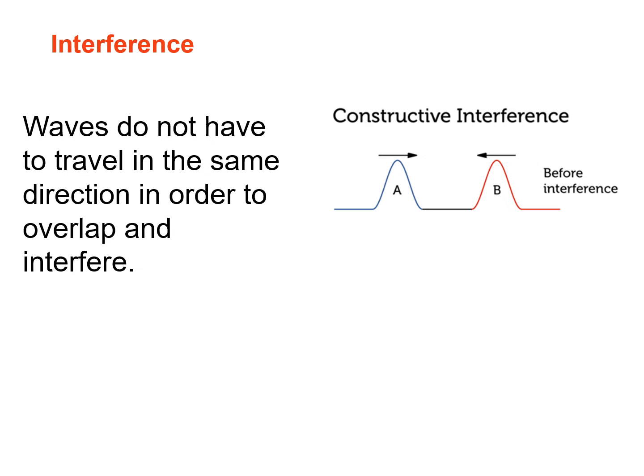You may have gotten the impression from the previous slides that waves have to travel in the same direction in order to interfere, but that's not the case. Here are two waves, A and B, that are traveling in opposite directions. When they meet, they will overlap and interfere.